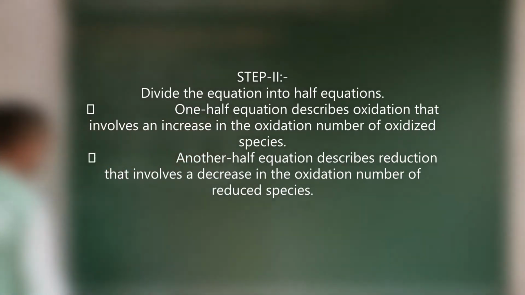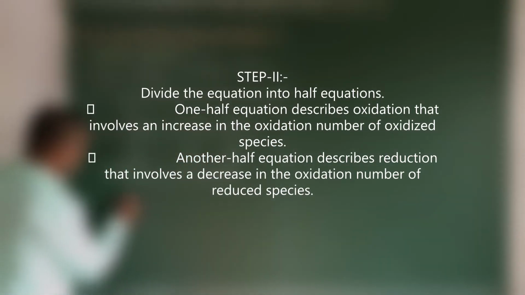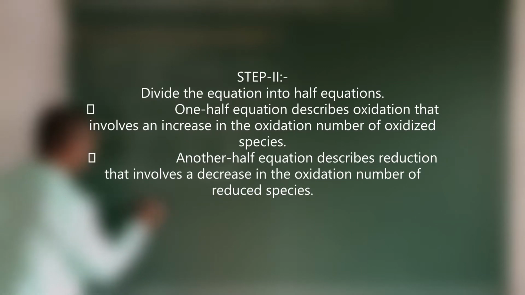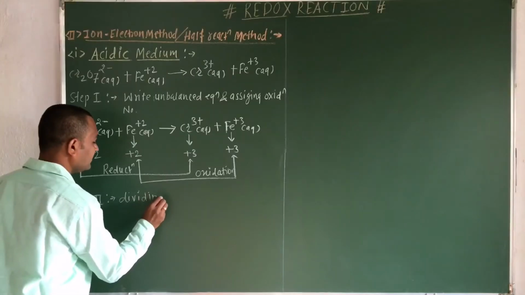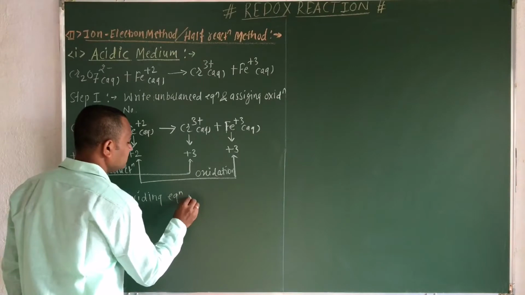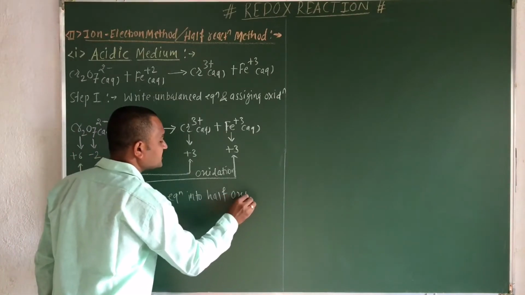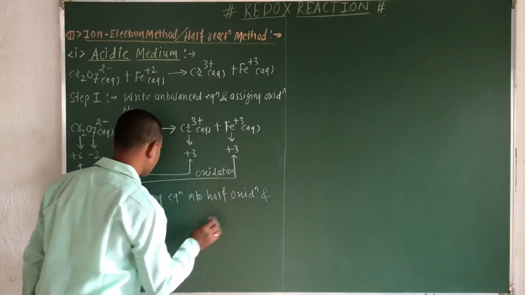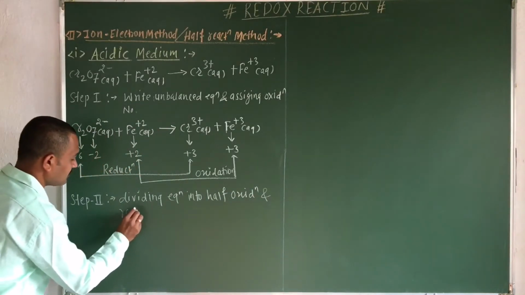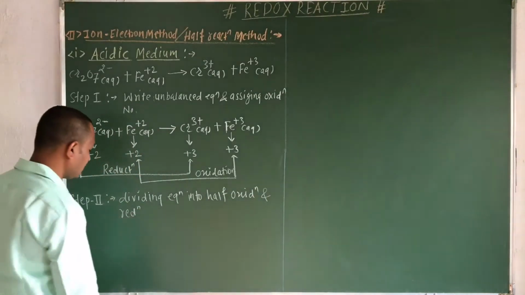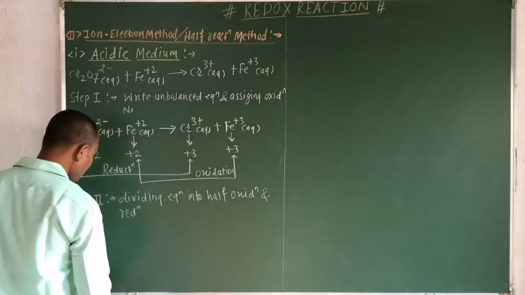What we are going to do here is divide the equation into half oxidation and reduction reactions. So how can we do it?